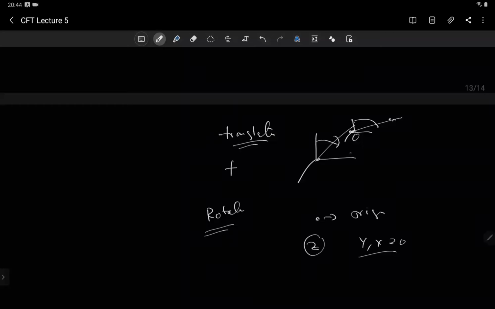So with translation I can completely fix the coordinate of one point. With rotation, I can fix the x and y coordinates of the other point to be 0, and z will be whatever it is. I cannot change z.